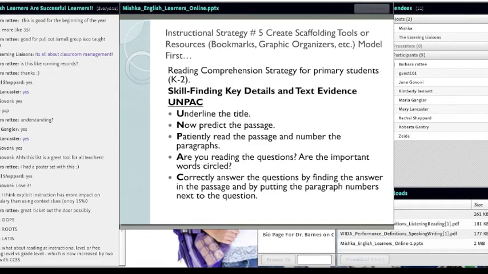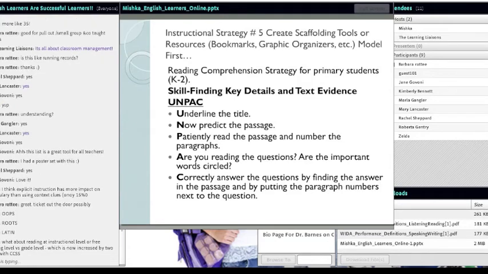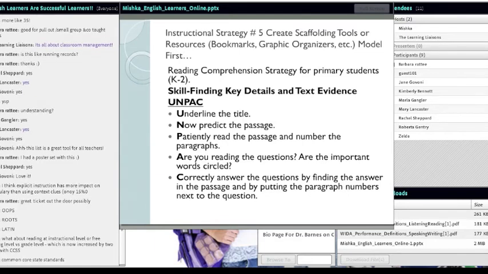Okay, well, I have a question. What about reading at instructional level or free reading level versus grade level, which is now increased by 2 years? Well, yes, this is a strategy that helps the students read on their grade level.